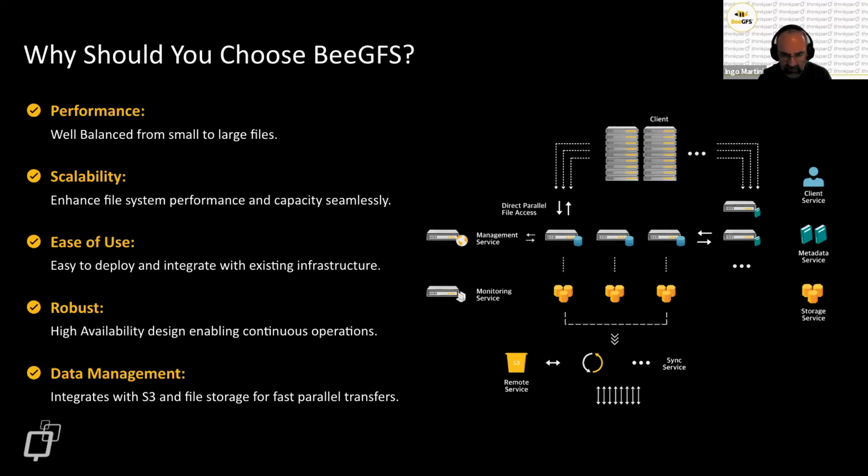This helps us keep the file system as small and performant as possible, and not overwhelm it with additional features. For this, we use an API, so that everything that happens around data management features acts more or less as a client, if you look at it from a BeeGFS perspective.